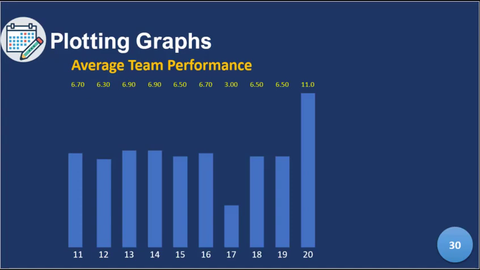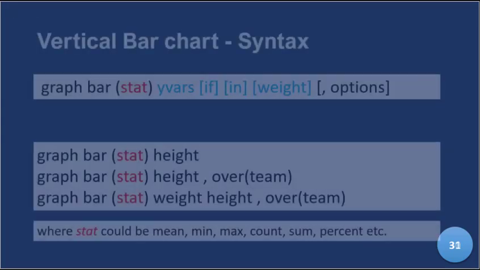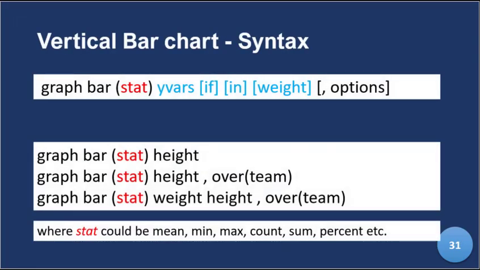So we need to talk about the syntax in Stata for that. We have graph bar, and then you specify statistics, which could be mean, median, count. We just did mean. Anytime I mention mean, I mean minimum, mean, and maximum. There are others, but they are beyond the scope of this course.